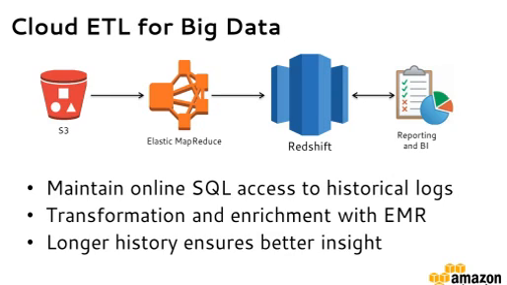With Redshift, Hadoop, and specifically Amazon Elastic MapReduce, which is our managed Hadoop service, is now able to provide an online data store for long histories of previously unstructured data. So if you have a long history of logs, long history of data, you can keep it online all the time at a very low cost and do a ton of analysis against that.